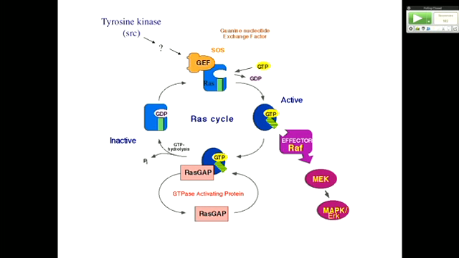Okay? So the normal growth control pathway, where no mutations exist, lies in a tyrosine kinase upstream of RAS, and downstream of RAS, a kinase cascade, a cascade of 3 kinases, one activating the next to activate the next by phosphorylation.